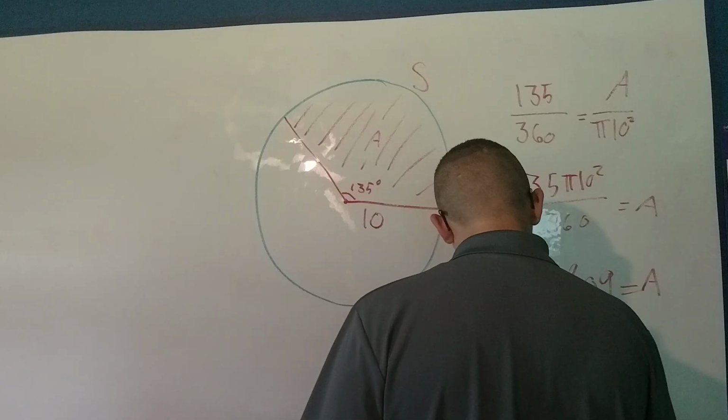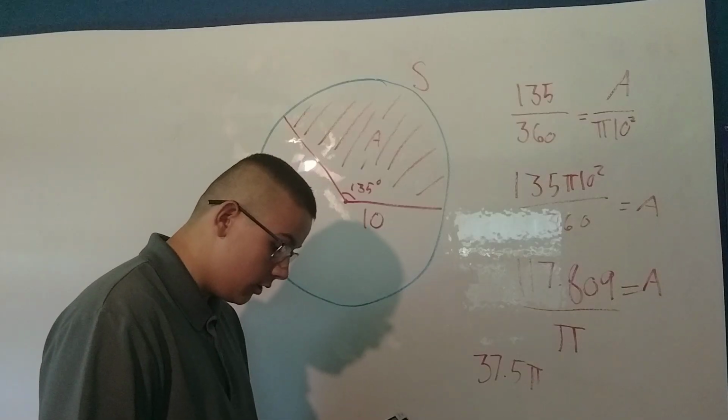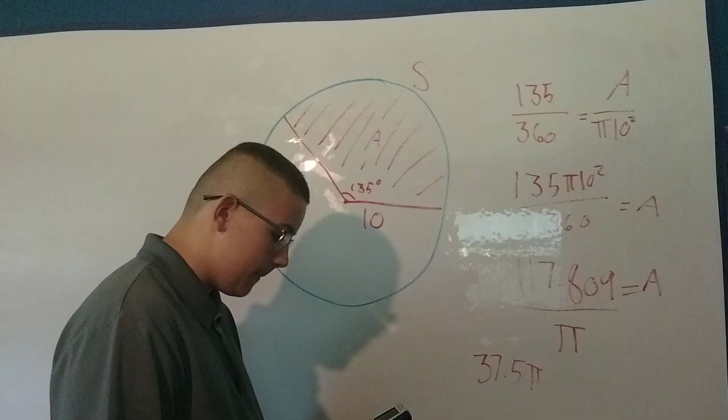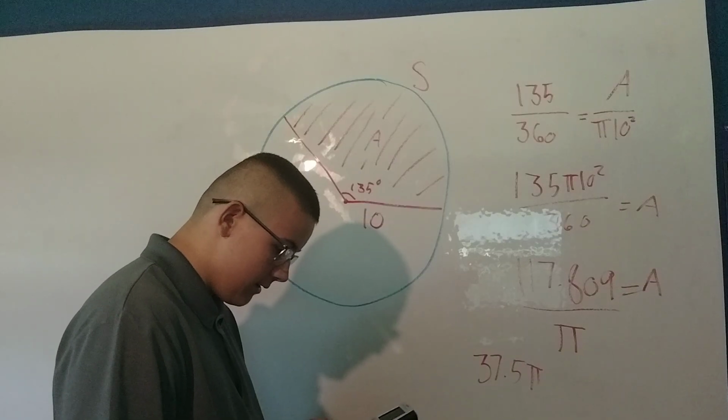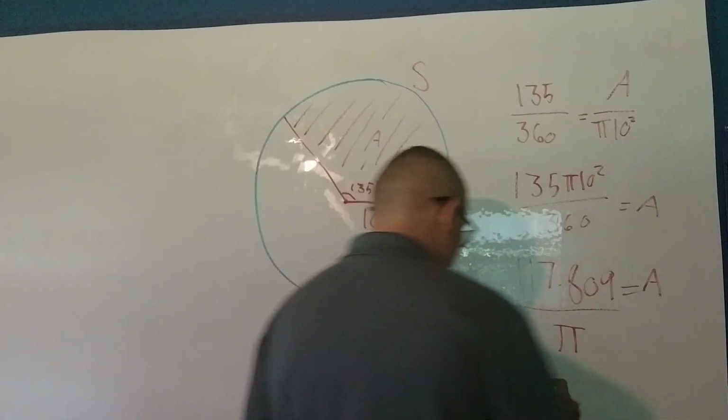If we take this over pi, then you get 37.5 pi, and then 37.5, you do 37 times 2, you get 72.